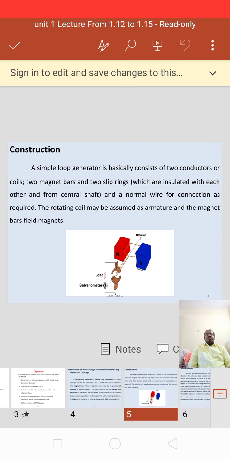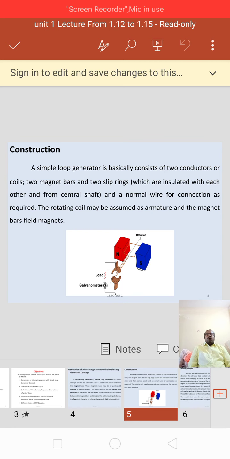A single loop generator or simple loop generator basically consists of two conductors or coils, two magnets or magnetic bars, and two slip rings which are insulated from each other and from the central shaft, and a normal wire for connection is required.